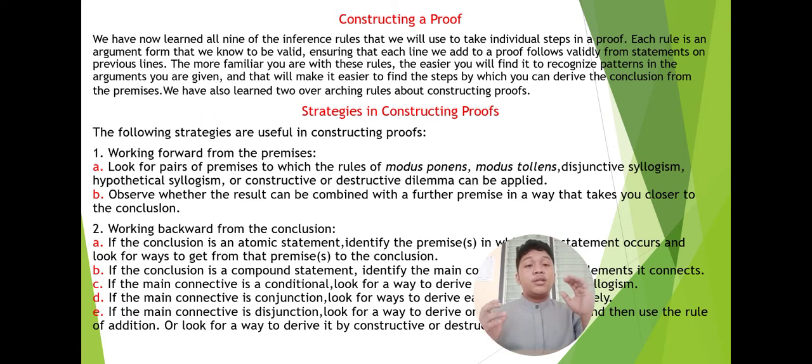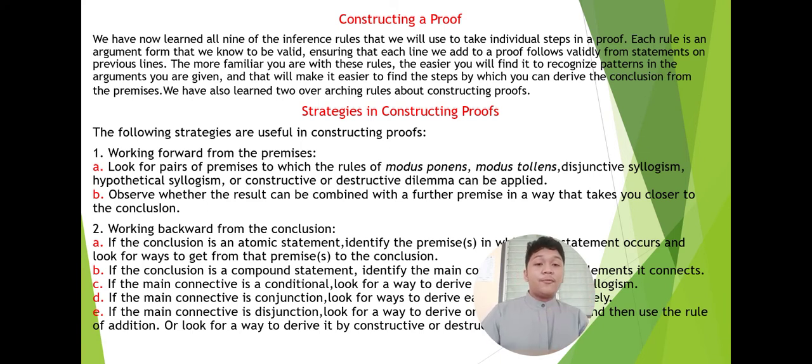So in constructing a proof, we need strategies in order to make it easier. To make constructing proofs easier, we need two types of strategies: working forward and working backward.